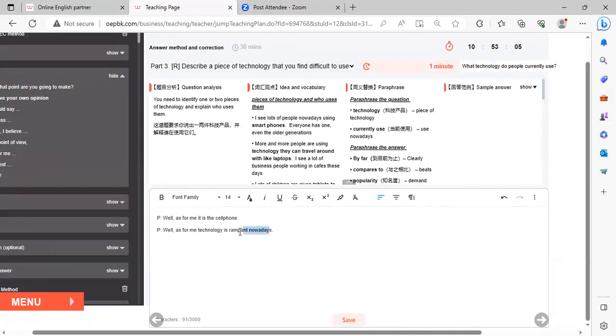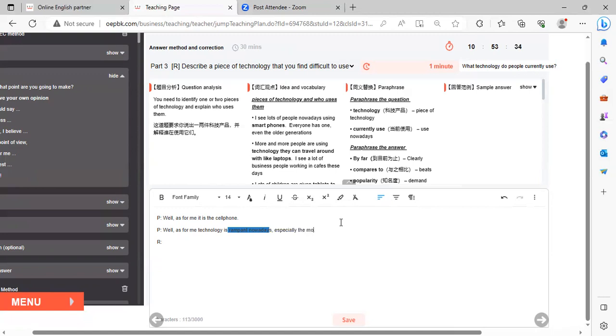That's good. Rampant nowadays. Great. Okay, let's talk about the reason or reasons. Now, what technology you need to give the answer, which is the cell phone? Well, as for me, technology is rampant nowadays, especially, would you like it?